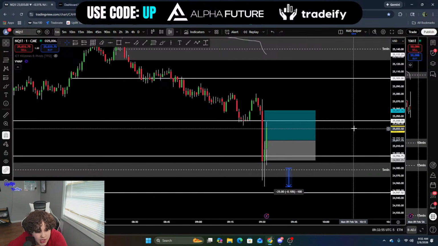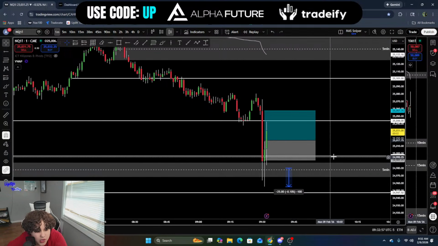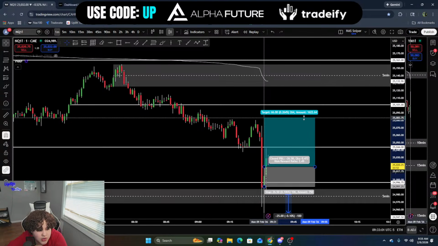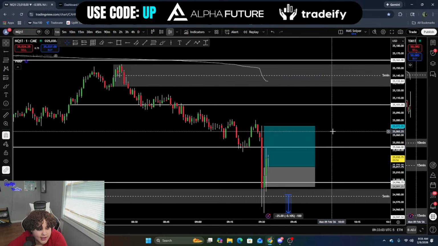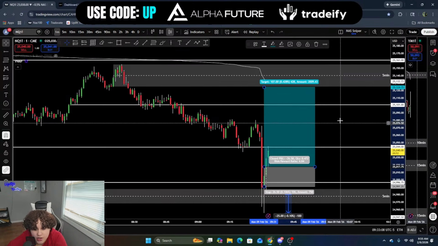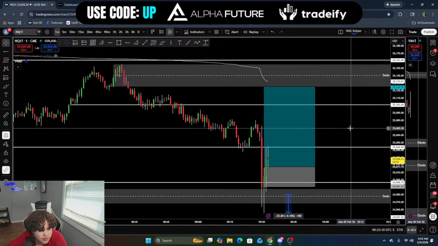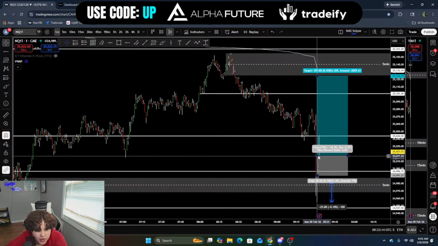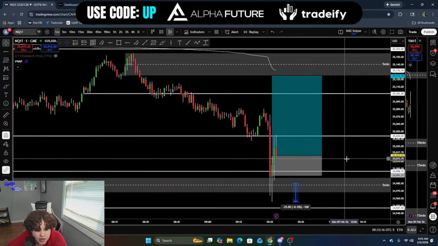But I know I would still take it because I wouldn't want to risk more than 100 ticks. And then I would target 1 to 2 at least. But if the longs continue, they could go up to 124. So I'm basically betting that the market is going back into the range.